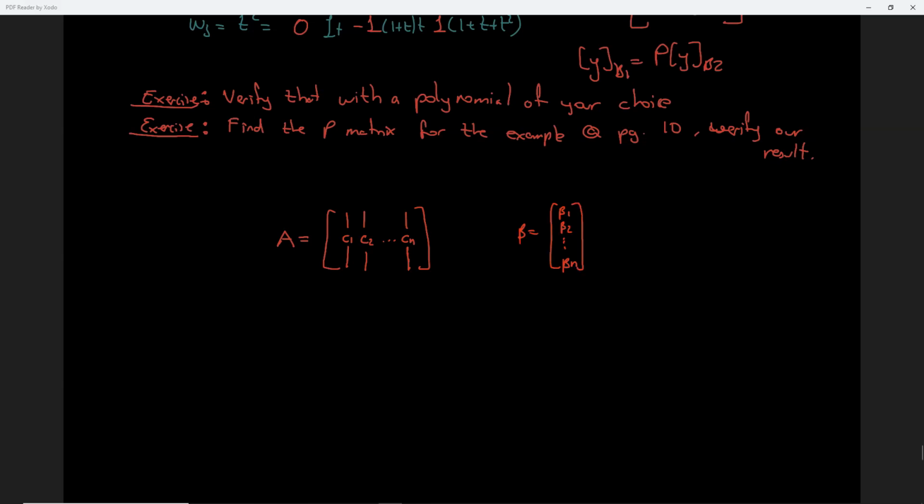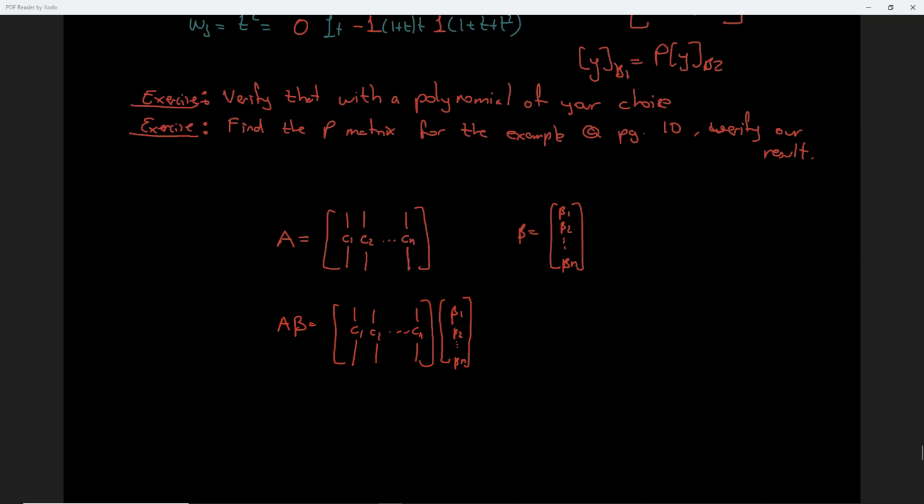So if I have A times b, once again, if I write down A times beta, which is equal to c1, c2, cn, beta 1, beta 2, beta n. So these coefficients are actually going to multiply each corresponding column of the A matrix.